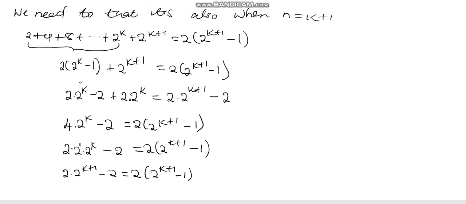Then we can factor out the 2 because it's common on the 2 terms. So we have 2 open brackets 2 to the power k plus 1 minus 1 is equal to 2 open brackets 2 to the power k plus 1 minus 1 like this here.